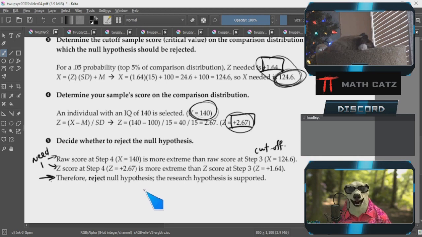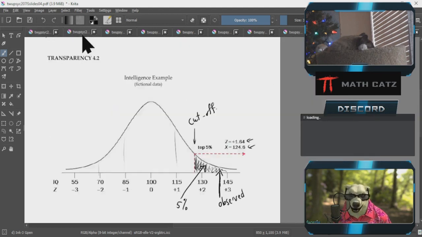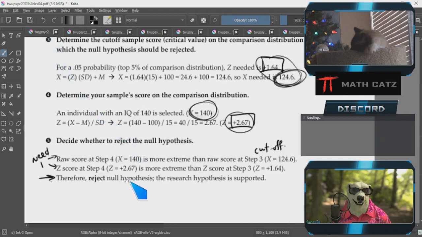However, we can't say that she does, because there is a chance, however small, if you just randomly pick someone from the population in general to get someone with an IQ of 140. You always have a chance. So it could have been a fluke. So we can never say that this proves that she has the skill. We can only say that we have strong enough evidence to reject the fact that she has no skill.